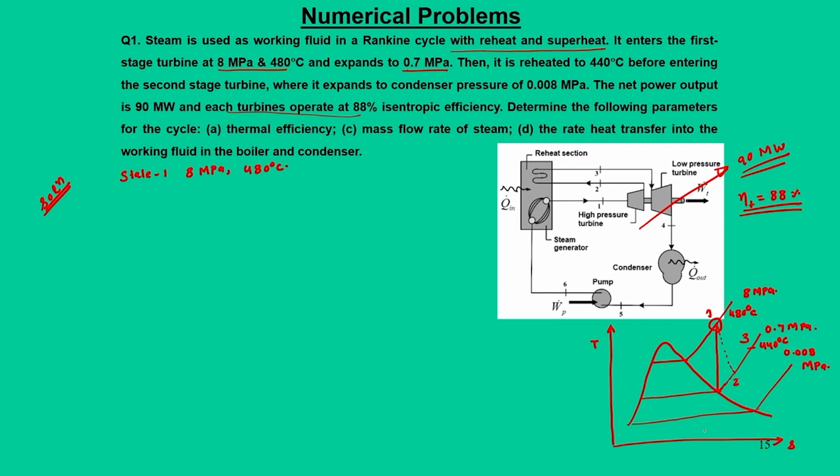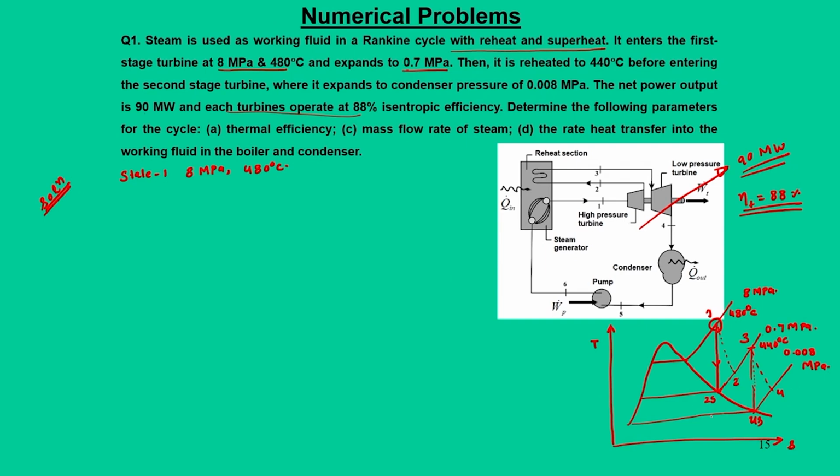State 2 will be somewhere here, and had it been an isentropic process, the corresponding point would have been 2s. Similarly, for state 3, 3 to 4s is an isentropic process and 3 to 4 is an irreversible process. So, point 4 is located.